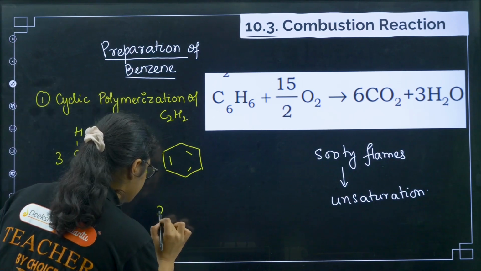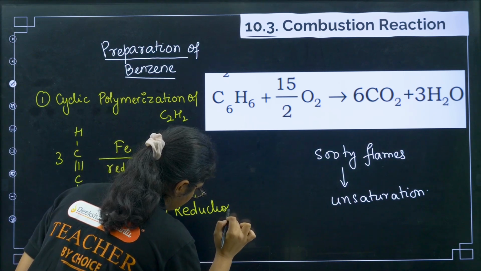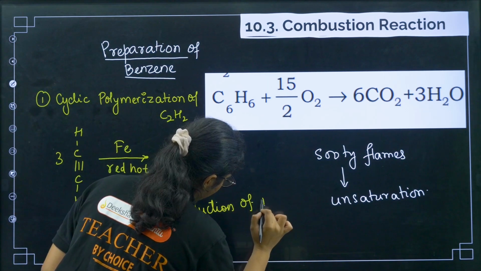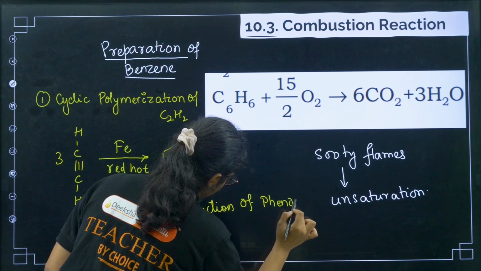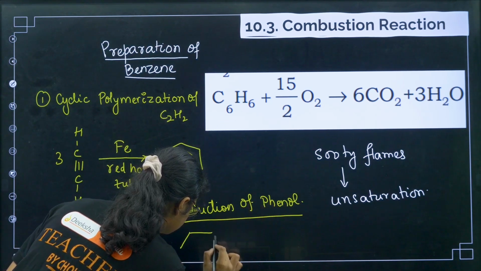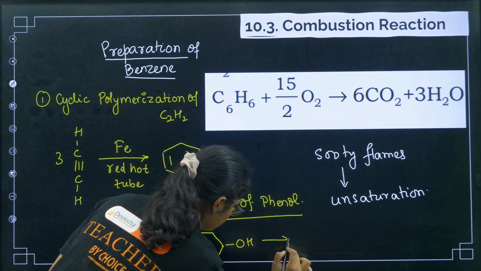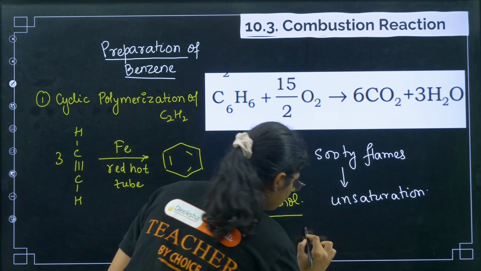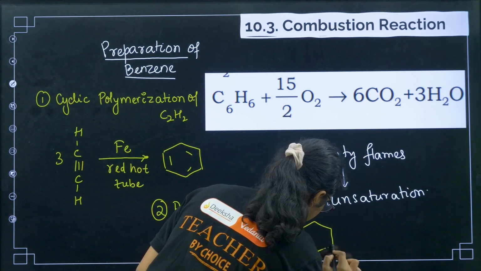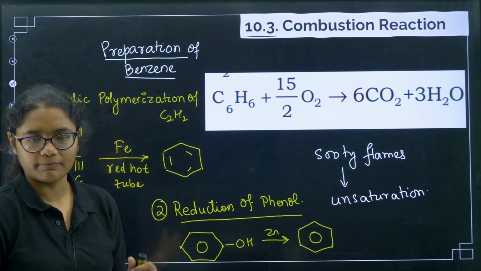Now the second method is reduction of phenol. That means you have phenol plus zinc, which will give you benzene. So these are 2 methods of preparation of benzene.